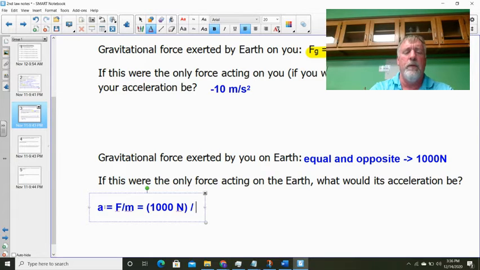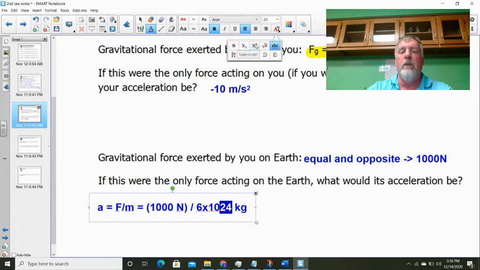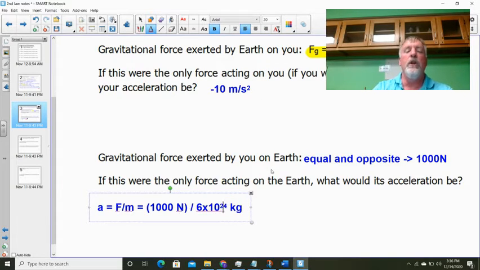And, geez, I can't remember what that number is. I think it was something like 6 times 10 to the 24th kilograms. So let's put that in here. The thing I want you to see is the mass of the Earth is huge, absolutely huge.